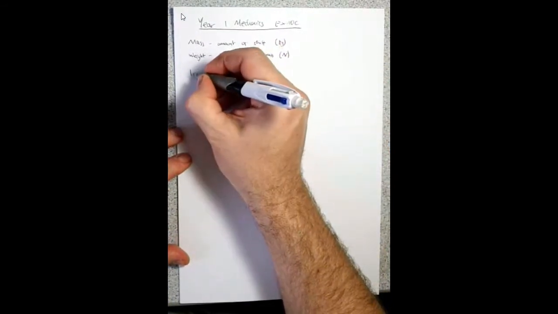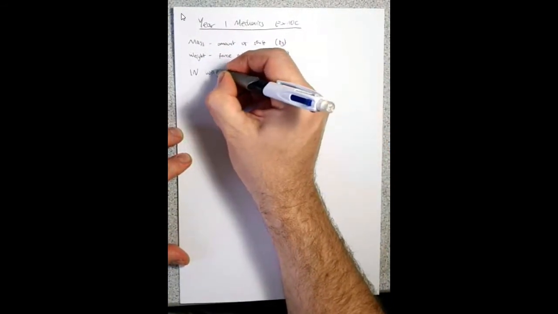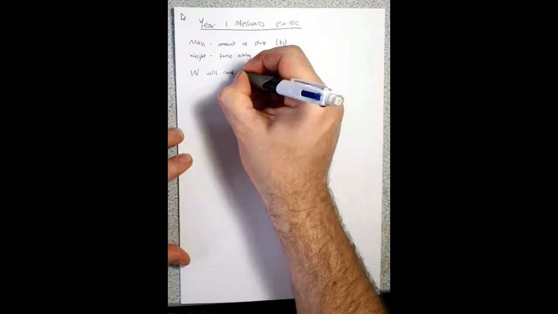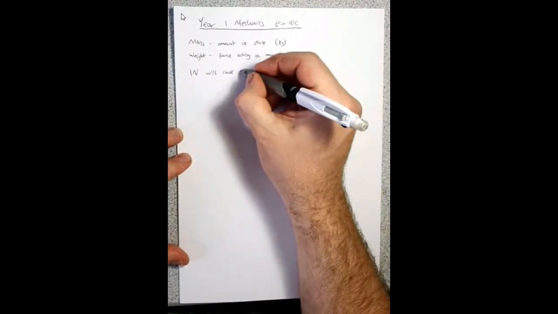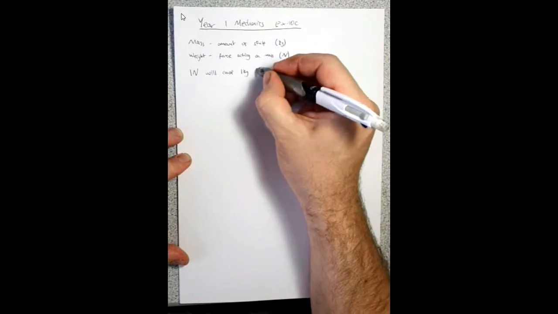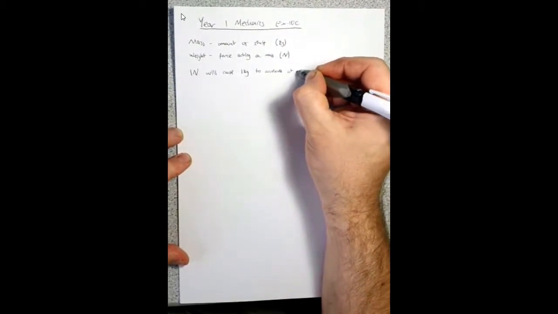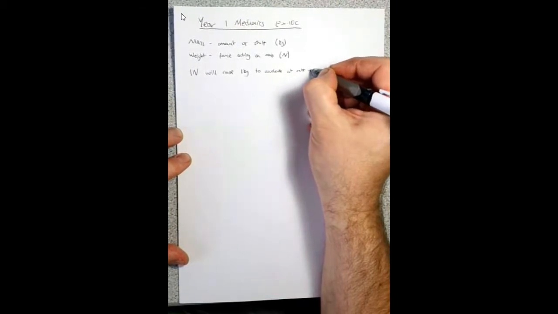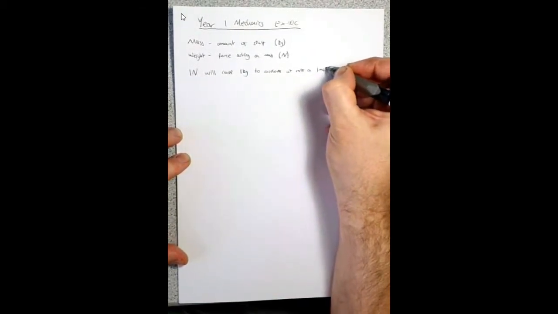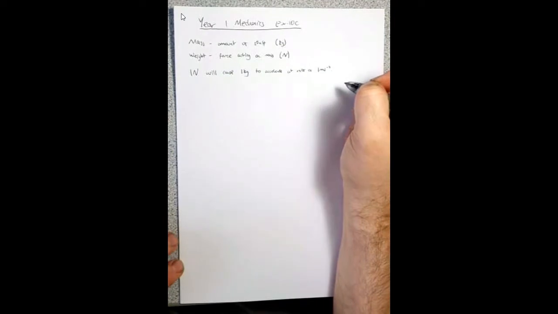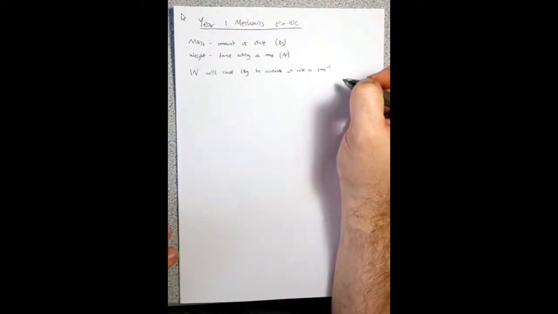Now, the definition of a newton: 1 newton will cause 1 kilogram to accelerate at a rate of 1 meter per second squared. That's how it's defined.